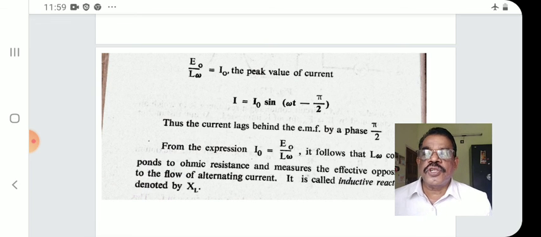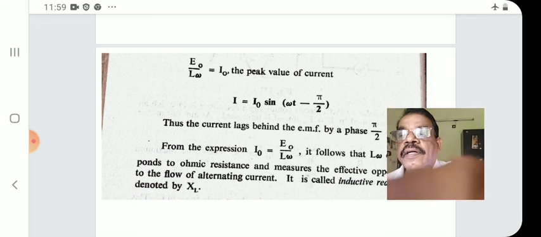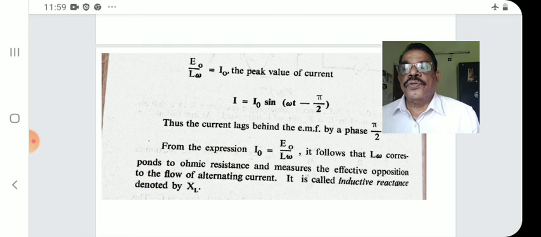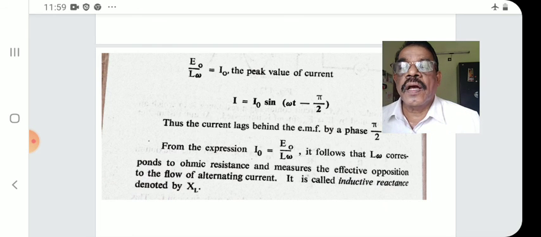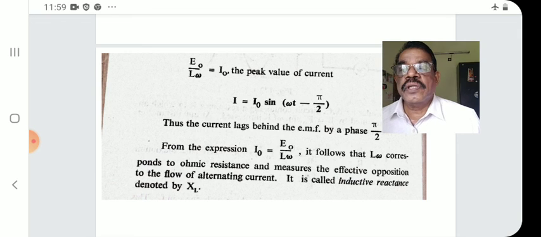This relation is similar to I0 equals E0 by R. So it follows that L omega corresponds to ohmic resistance like R, and measures the effective opposition to the flow of alternating current. It is called inductive reactance, denoted as XL.